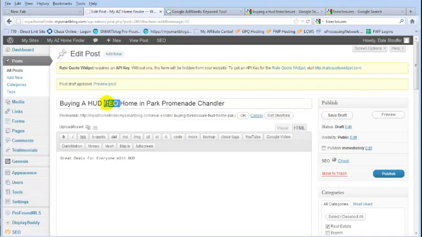They're the same type of word, but they mean different things to different crowds. They say different things to different people, so you can talk about them differently. REO isn't spelled the same as foreclosure, so you could cover different angles while you're still trying to get the same type of traffic to your site.